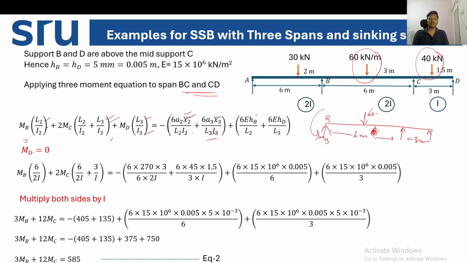So 6E HB by L2 plus 6E HT by L2. This is the sequence of the equation that we have followed in the previous slide also.